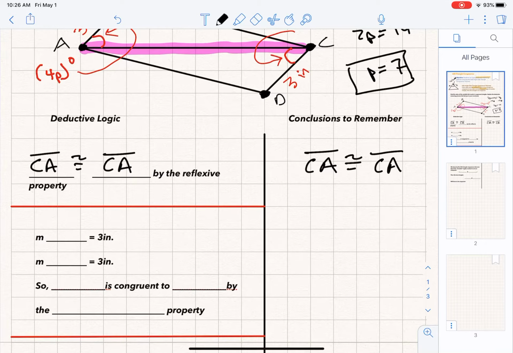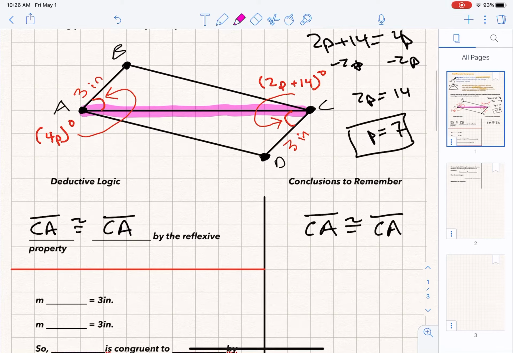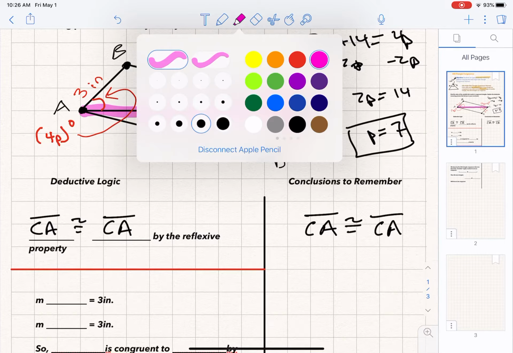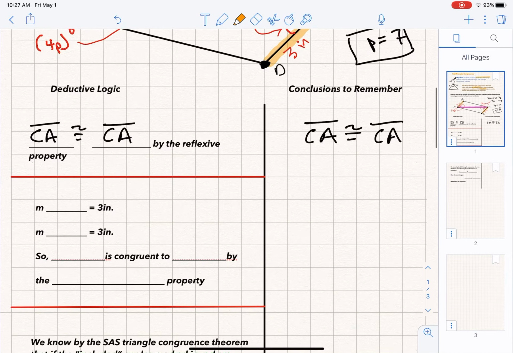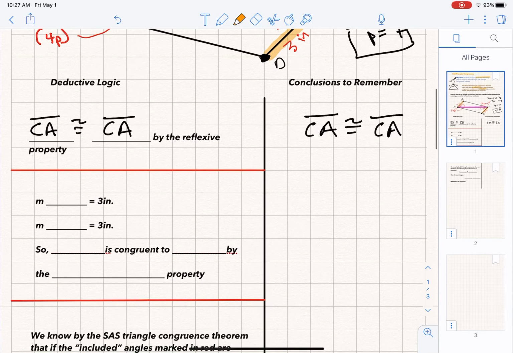All right, now I'm going to highlight something else in a different color, orange. So here, this line segment AB or BA is marked as having the same measure as line segment CD or DC. So in other words, the measure of segment AB is 3 inches.